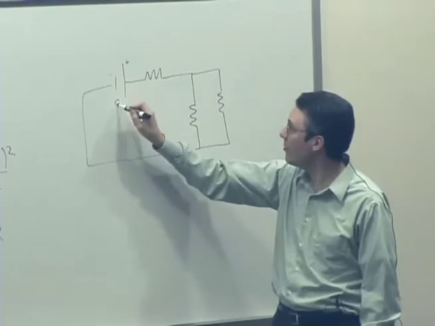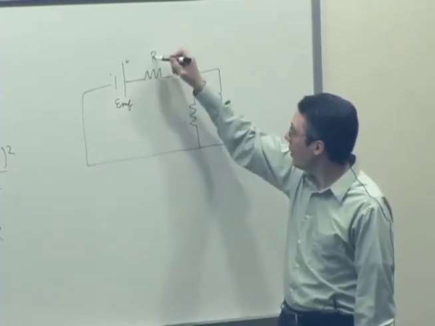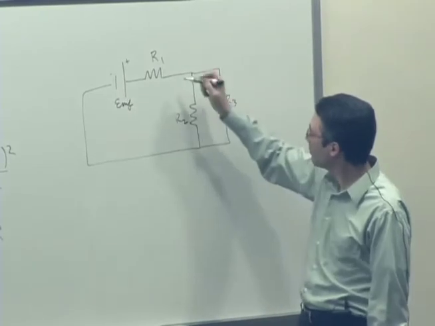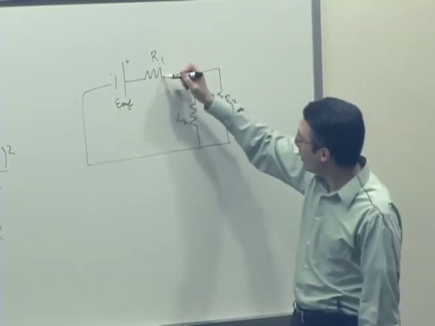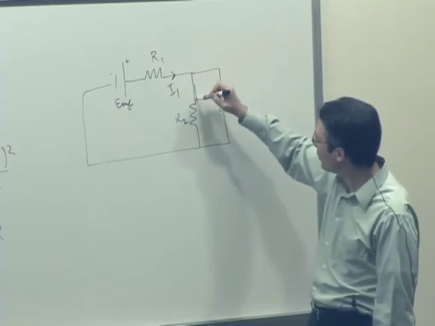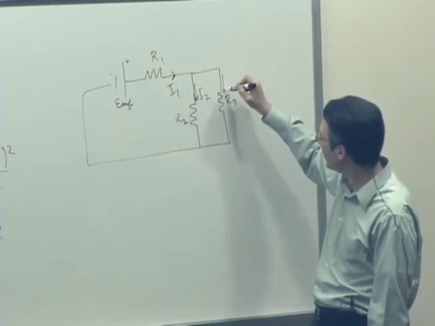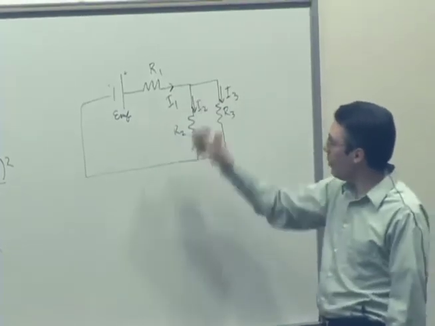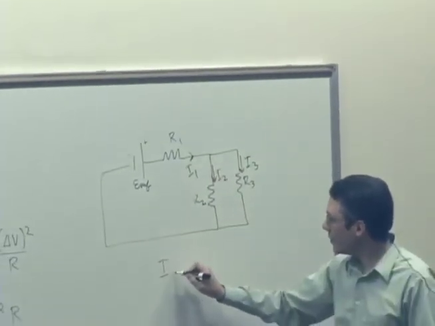If you have an EMF, say an R1, resistance 1, resistance 2, and resistance 3, you would have a current through this branch, call it capital I1, call this current capital I2, and this current capital I3. From the node rule, what do you know about the relationship between the currents?